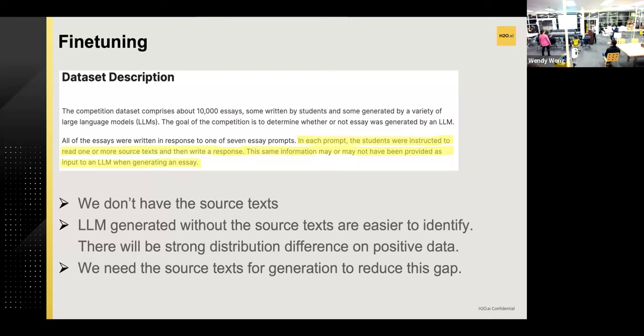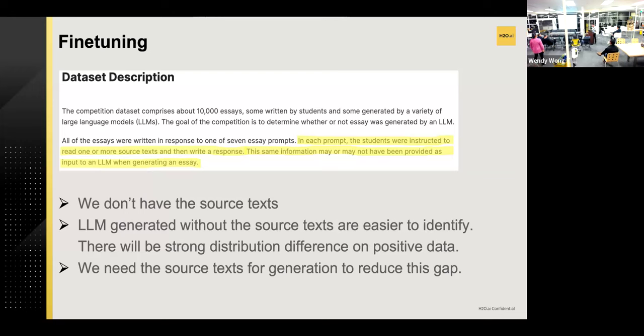But none of the LLM texts are based on the articles. So you can simply use the content of the text for classification. And of course, we will get a good local result this way, but it won't translate to the public leaderboard or private leaderboard, because the organizer actually had those texts when generating essays.